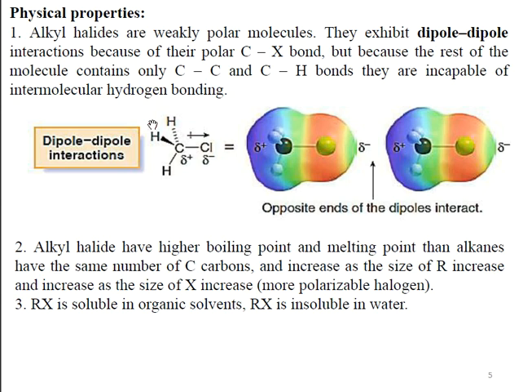But here we have van der Waals forces and also dipole interaction. For this reason the compounds need more energy to convert the solid to liquid or the liquid to gas, so they have higher boiling and melting points than the alkanes.